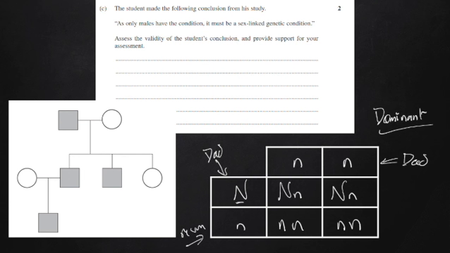And then if we flip this around and look at dad here with 2 recessive alleles, and the mother, if it was autosomal recessive, her having a dominant allele would still give a mix of offspring, either showing that phenotype or not. So in that case, we could have an autosomal condition. It's not guaranteed to be a sex-linked genetic condition. So when you assess the validity here, you'd have to talk about the fact that, based on the information we have, it's possible that this is an autosomal condition.